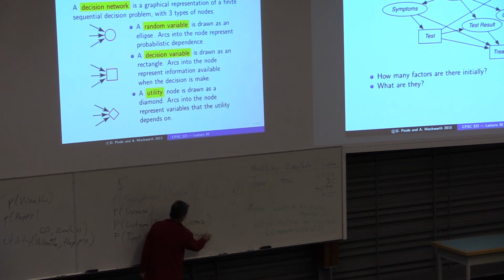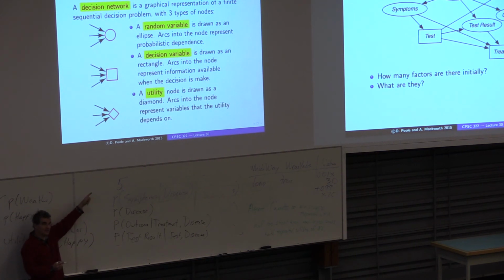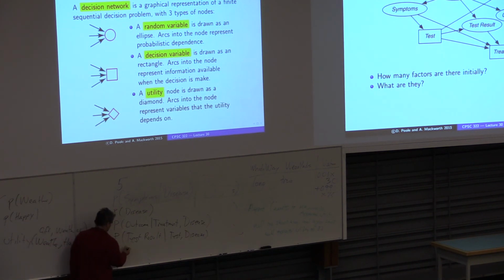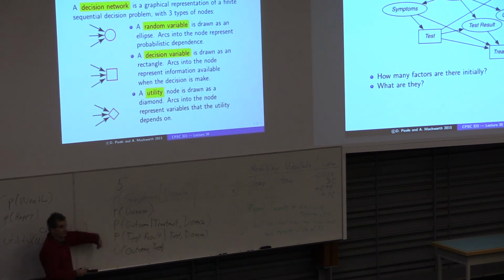And someone else, what else is there? There's 1, 2, 3, 4, and you all agreed there was 5 because no one else said anything. What's the other one, and what's it a function of? Outcome and test, right? Right, there are 5 of them. Everyone happy with that?